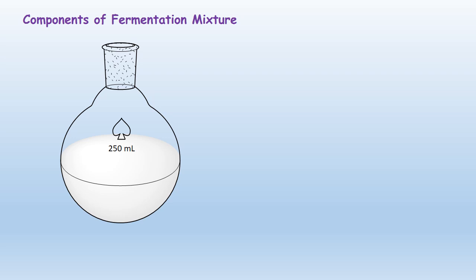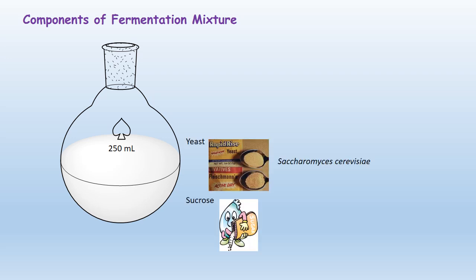So in your 250 ml round bottom flask, you're going to add your sucrose, the yeast. Specifically, we're just using baker's yeast, which is Saccharomyces cerevisiae. When Pasteur did his work in the mid-1800s, learning about fermentation, he found that the yeast would thrive in this solution of mineral salts shown here.